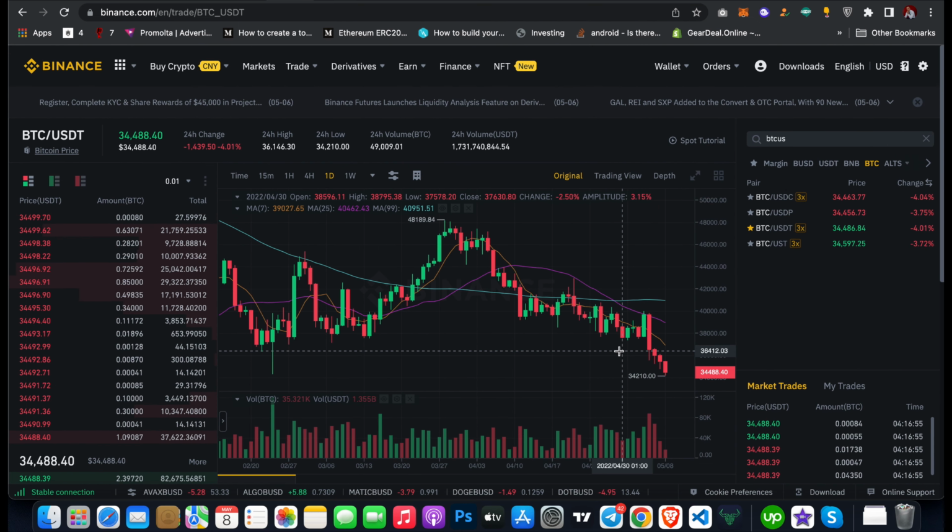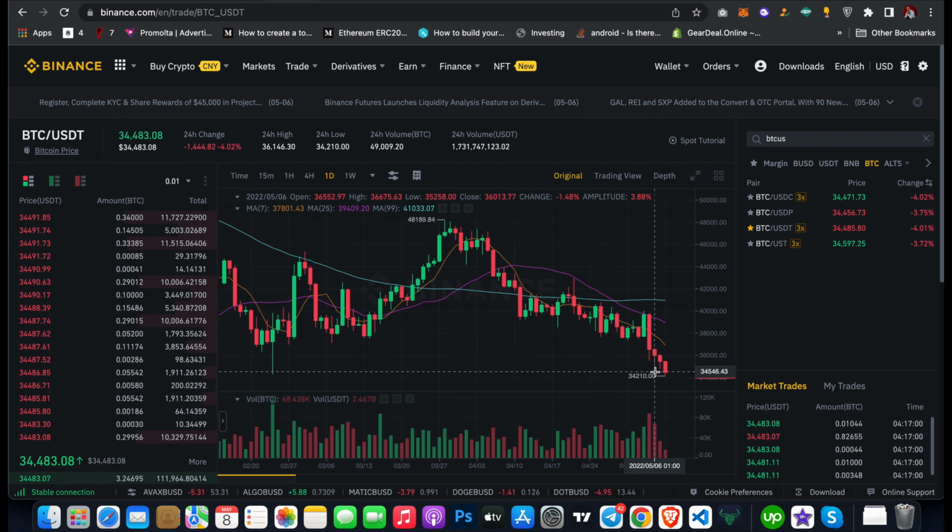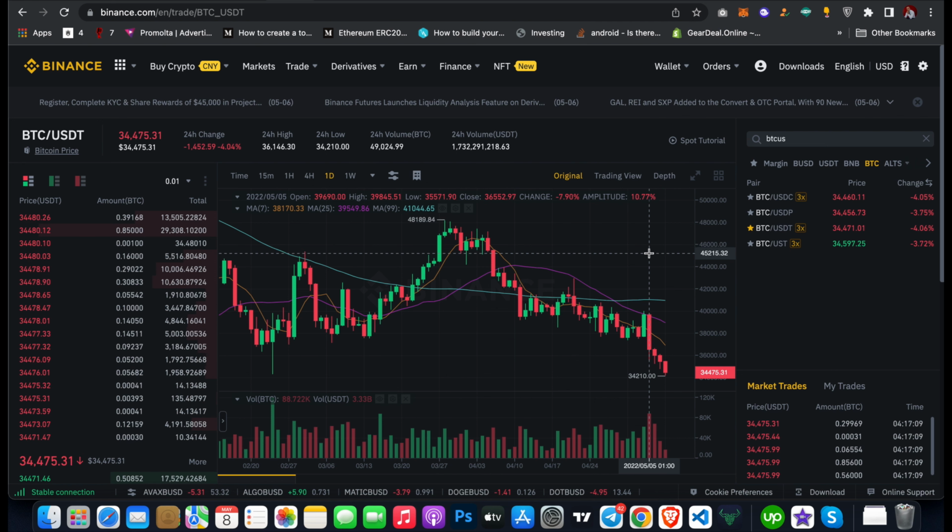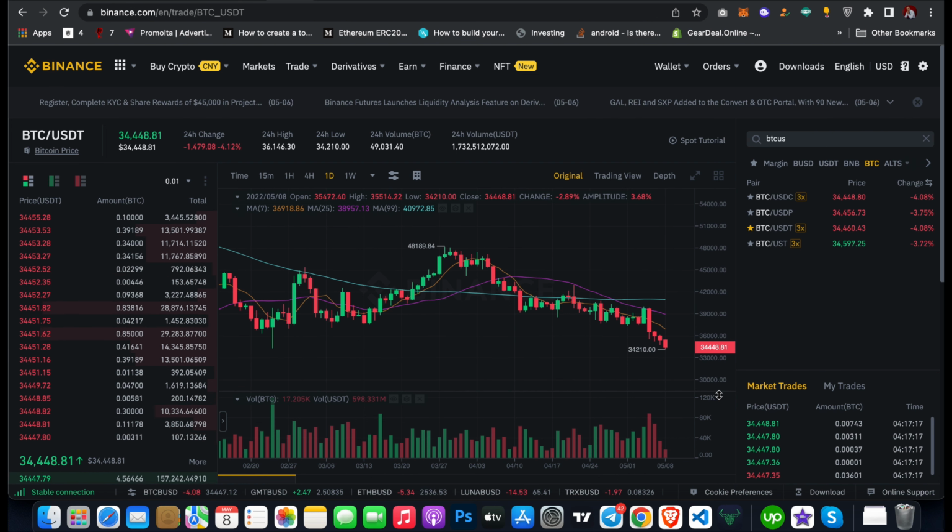Now maybe in the next one week, the price of Bitcoin has increased from 34,500, which I bought it at, to around this range, probably 45,500. So the price of my asset will also increase.